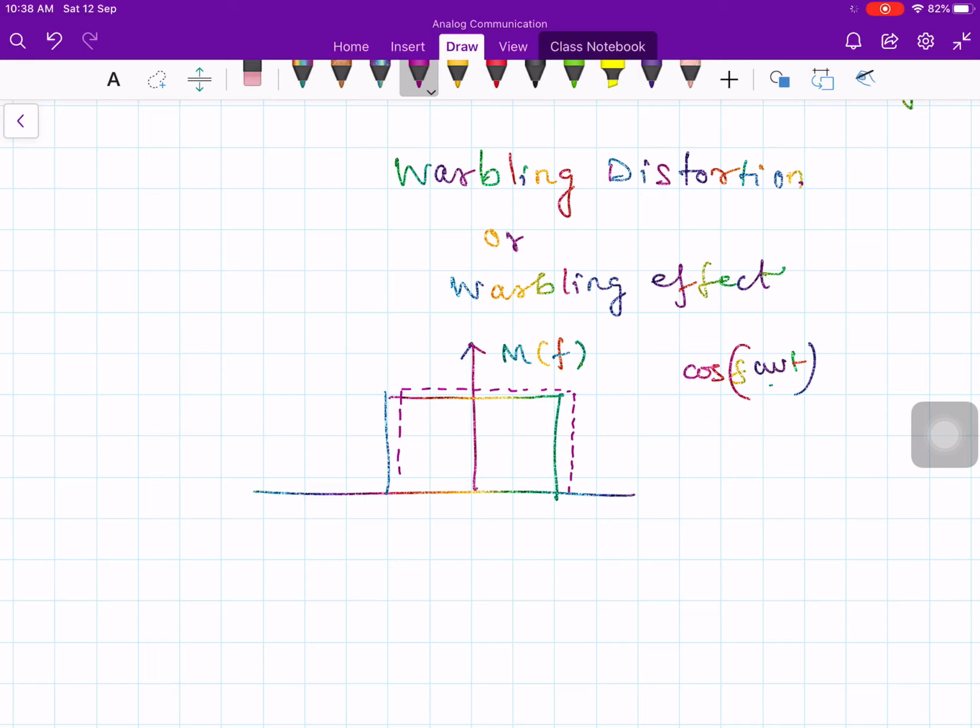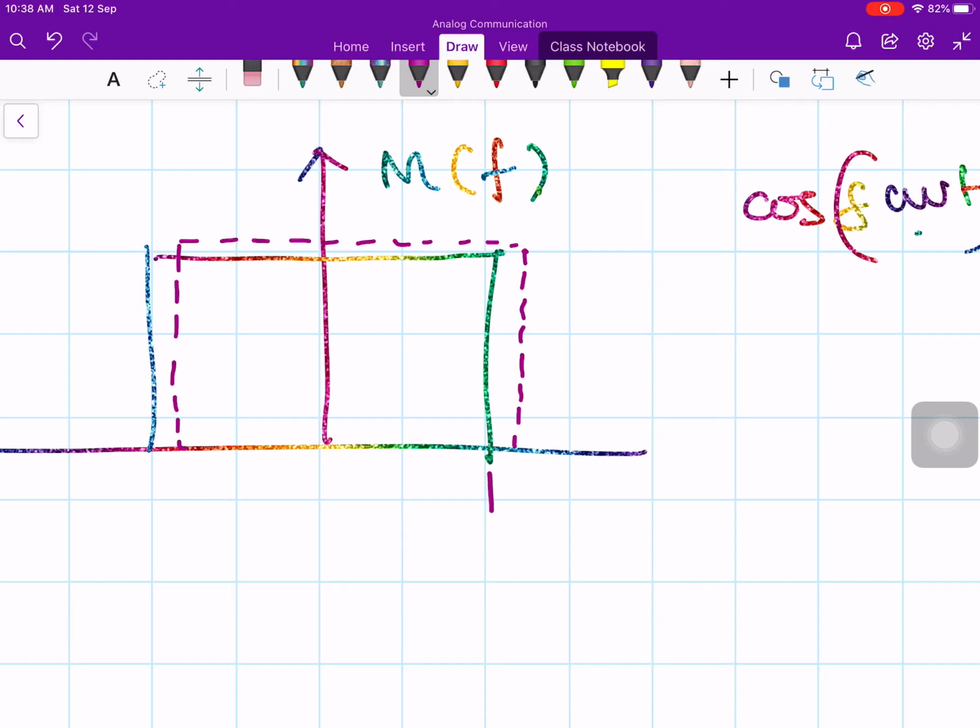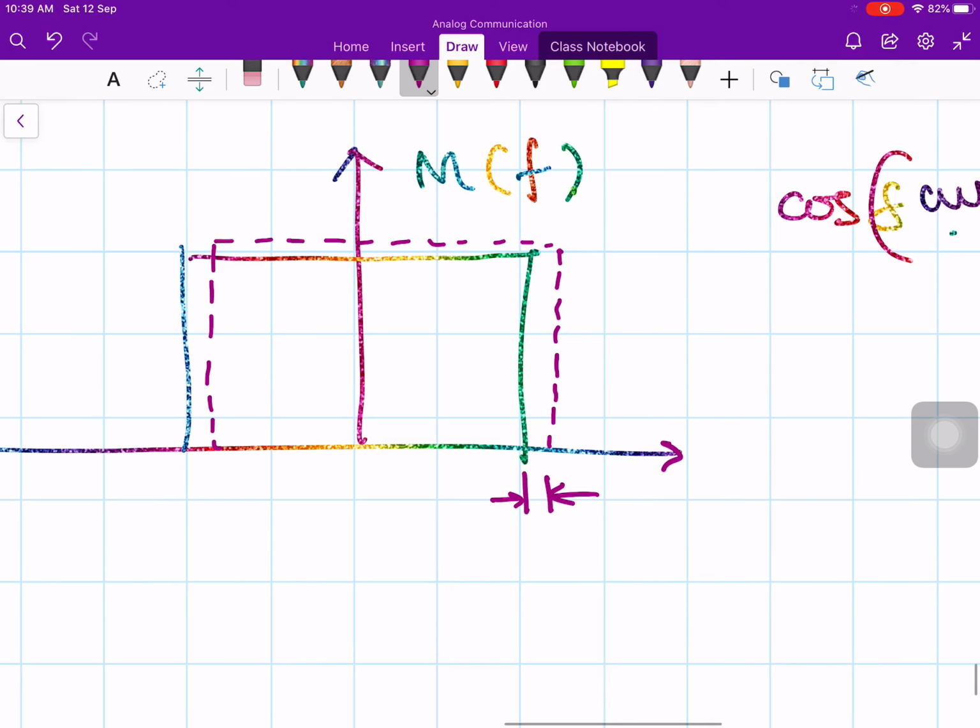The whole M of t will move like that. So this is a slight change. The entire spectrum moves to the right, or because of this warbling phenomenon, the entire spectrum moves to the left-hand side like this. This shift is called the warbling effect.